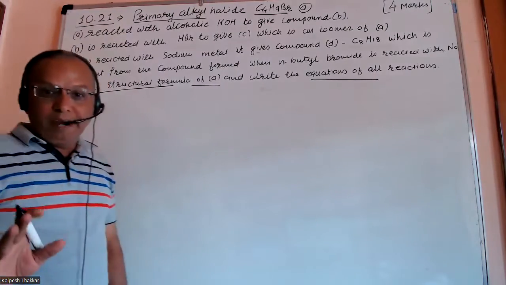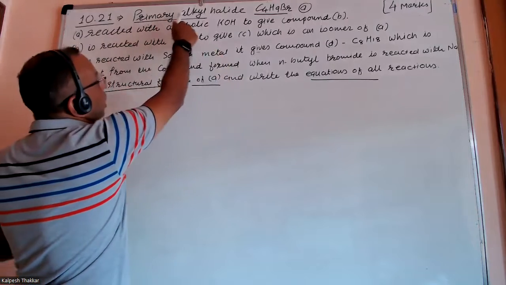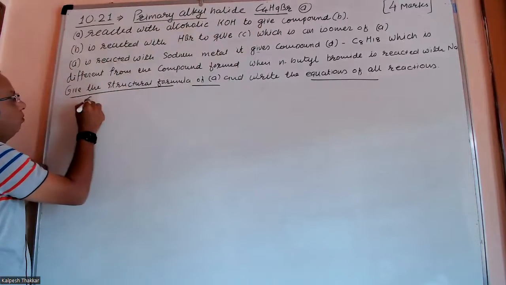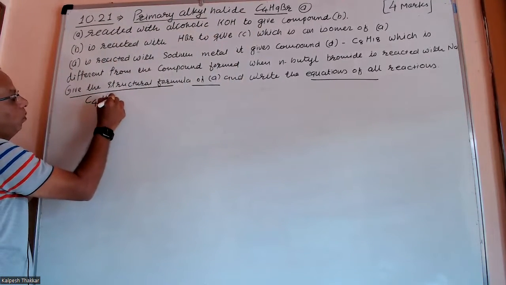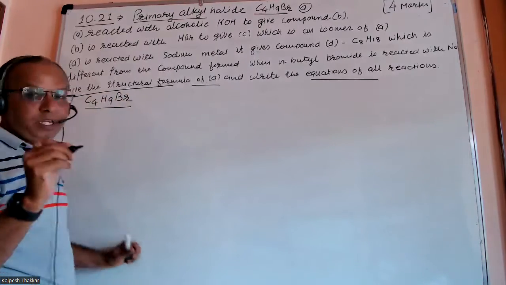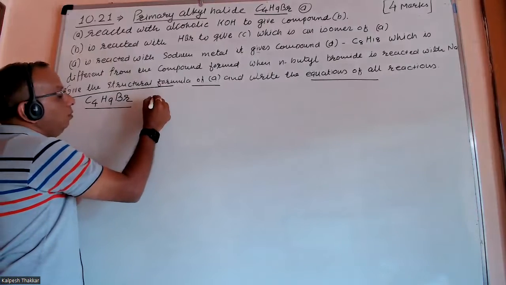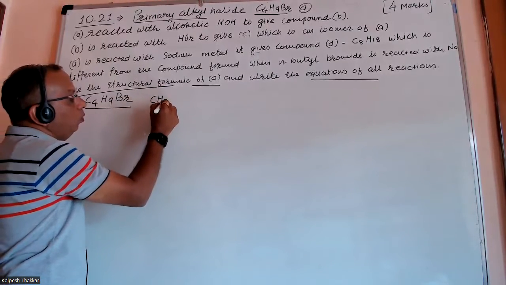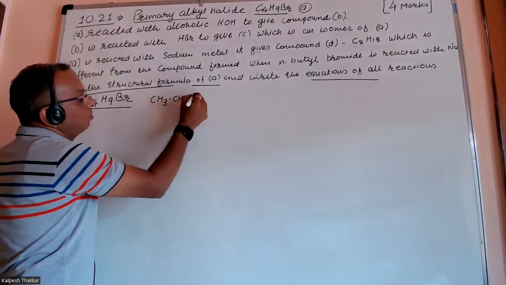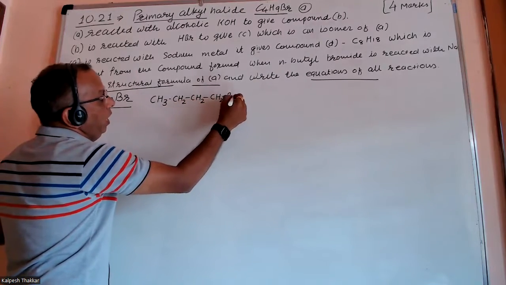What to do? We have to use the given data only. So the first given data is primary alkyl halide with the molecular formula C4H9Br. Friends, considering this formula, there are two possibilities. This is one: CH3, CH2, CH2, CH2, Br.